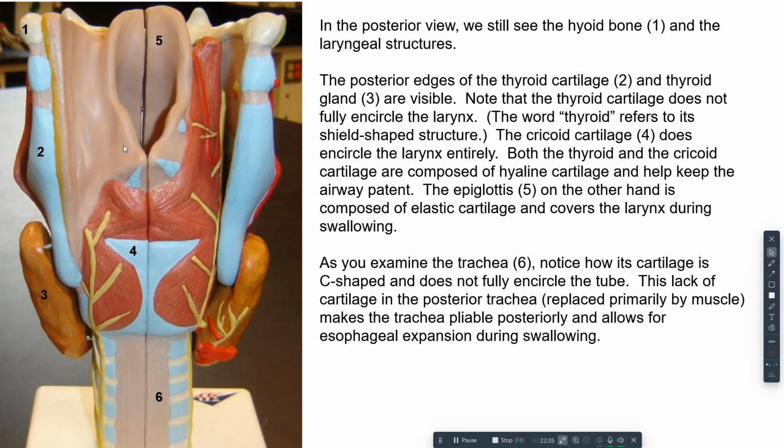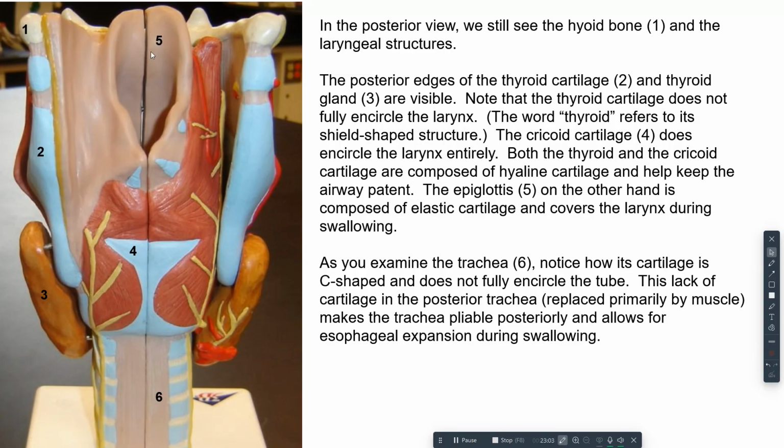The word thyroid means shield-shaped, and it describes the cartilage, and then the gland is named after the cartilage. I do see the cricoid cartilage in the back. The cricoid cartilage does encircle the larynx. The word cricoid refers to a kind of ring. And I got my thyroid gland over here as well.